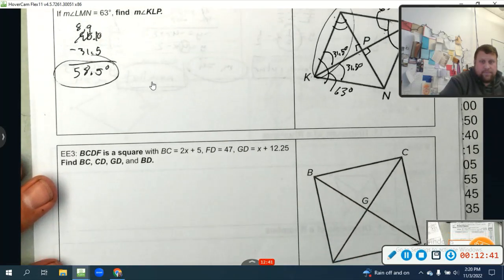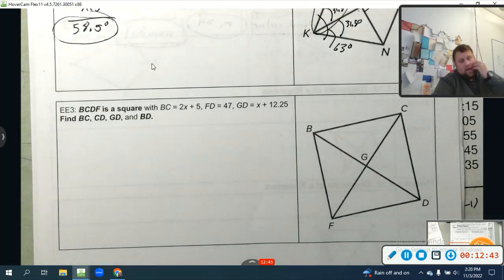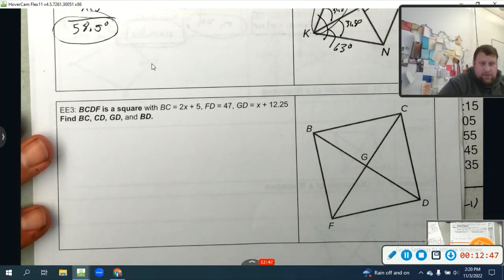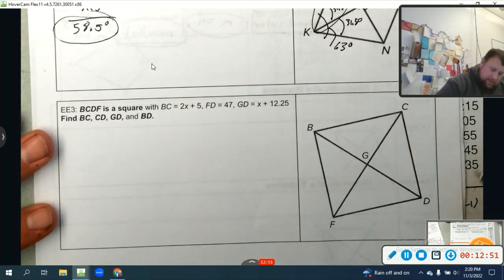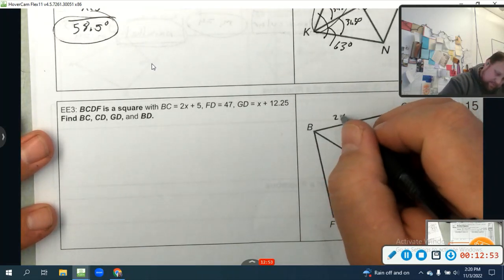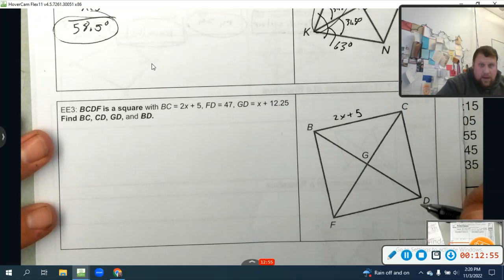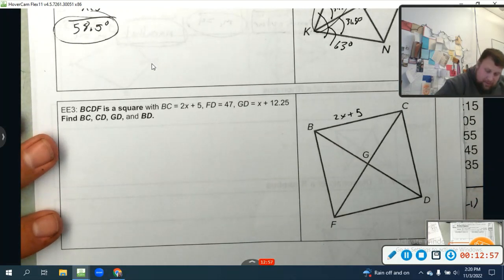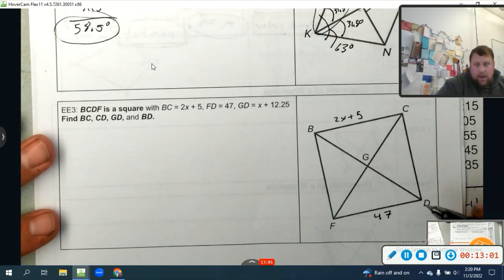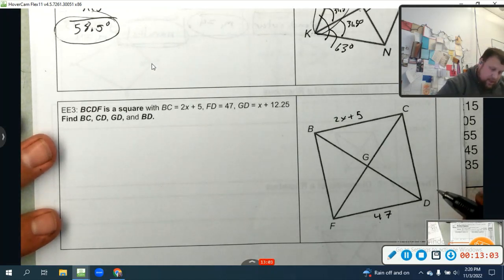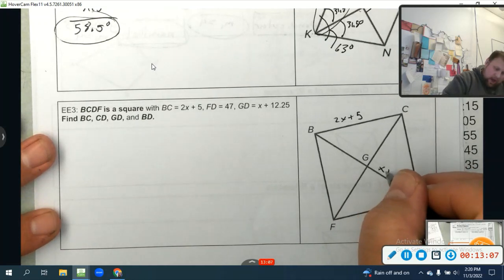And our last but not least example is BCFD is a square, okay, with BC equals 2x plus 5 and FD equals 47. GD equals, where's GD? x plus 12.25, excuse me.